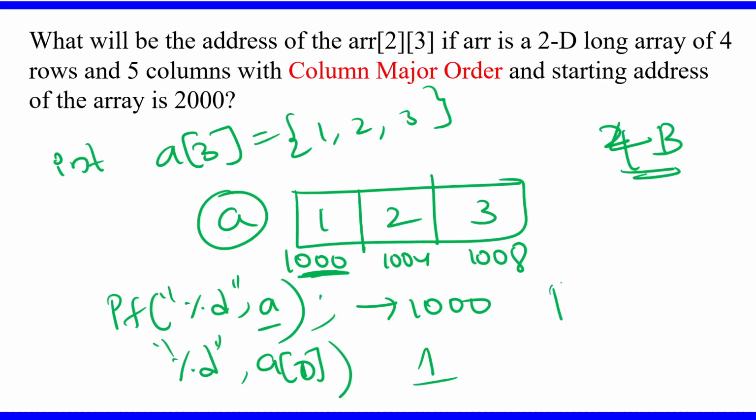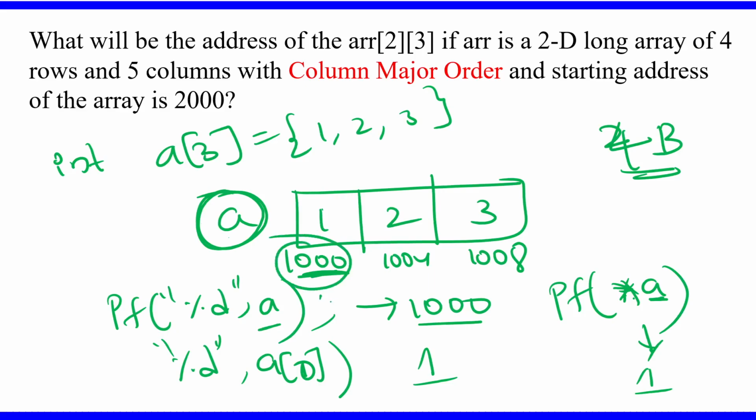Or if you are writing printf star a, star a means the value at 1000, that is 1. So this also gives me 1. So whenever you are giving the name of the array, it will give the base address, the starting address of the array. This is for a single dimension array.